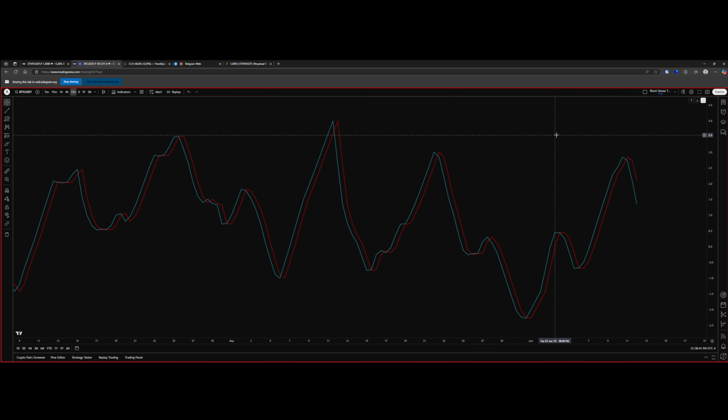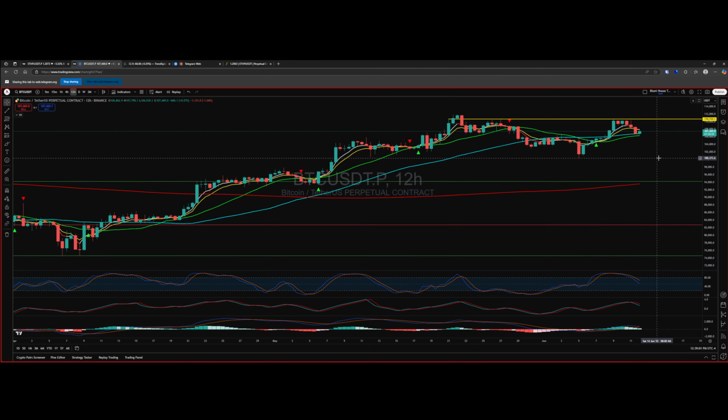Fisher transform is one of the filters that I would use because it does use a Gaussian channel and filters noise. So all I see when I use this is a nice uptrend and a nice downtrend. That's it. You don't see chatter, chatter, chatter. It's very clean. And then the MACD at the bottom.